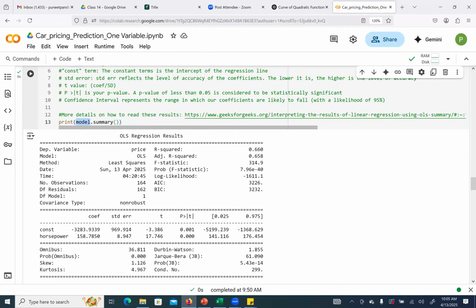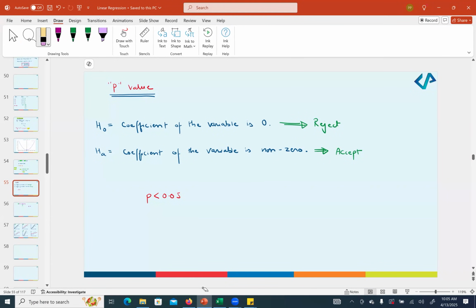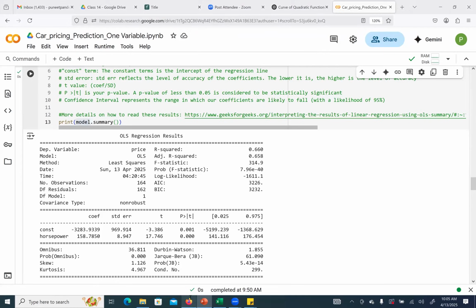If it is less than 5%, we will be rejecting the null hypothesis. What is our null hypothesis? That the coefficient is 0. So we are rejecting this, that this is not correct. So we will be keeping horsepower. We are accepting that it is non-zero and this 158.